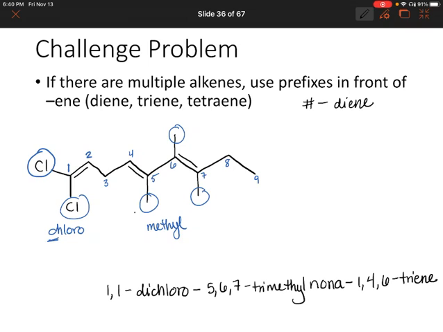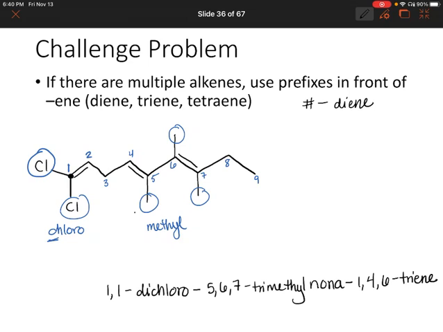So now we also have to indicate the stereochemistry. At position 1, we don't have to indicate the stereochemistry because one of the carbons is bonded to 2 of the same group, a chlorine and a chlorine.